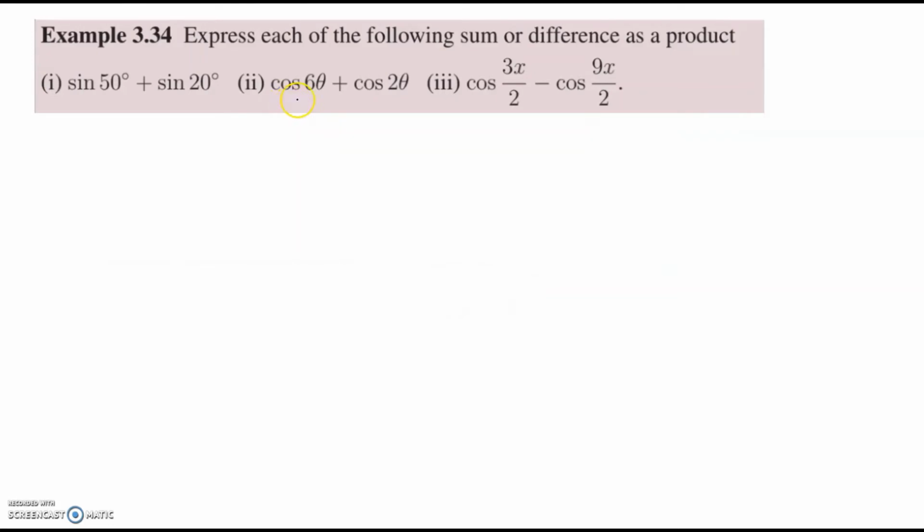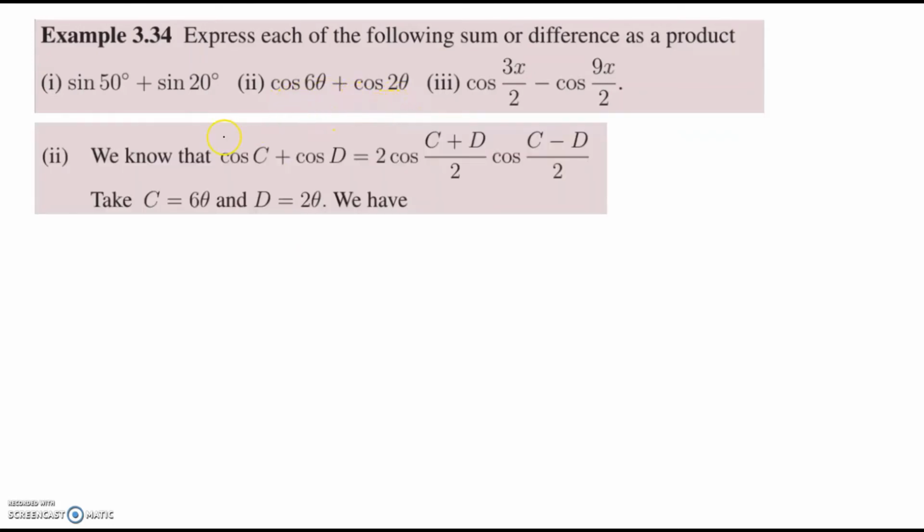Question number 2. Cos 6 theta plus cos 2 theta. Again, we know that cos C plus cos D is equal to 2 times cos((C plus D) by 2) into cos((C minus D) by 2). So let's take our C to be 6 theta and our D to be 2 theta.